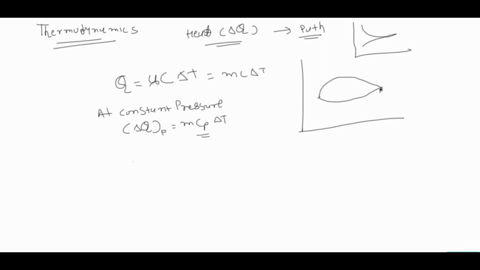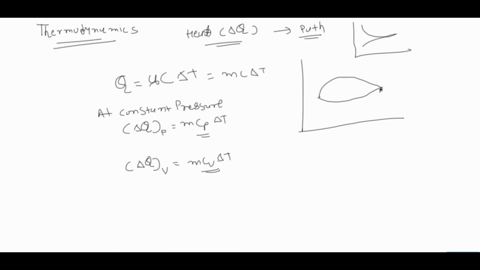If we talk about constant volume, delta Qv, then it becomes mCv delta T. And here Cv is specific heat at constant volume. Okay, so this is also an important thing to notice here.